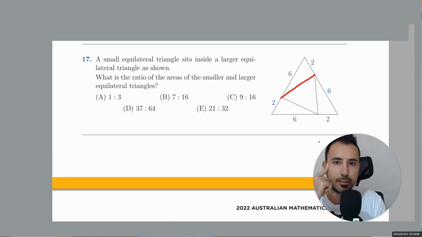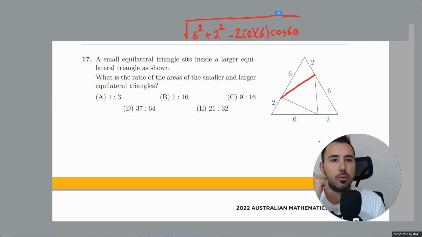So how do you find it? It's going to be this line squared, plus this side squared, and then minus 2 times this side multiplied by this side and multiplied by cosine of the angle between them, cosine 60 degrees.